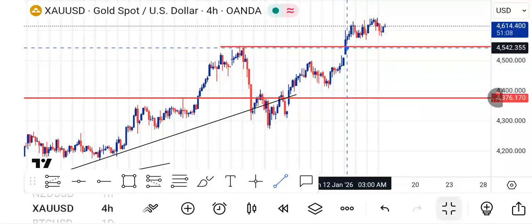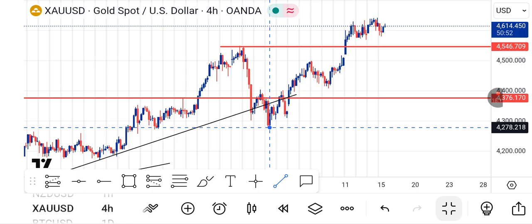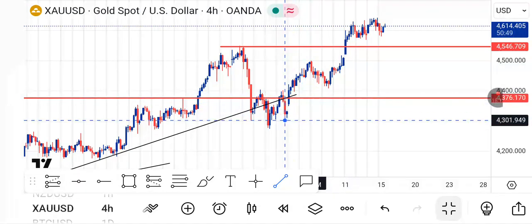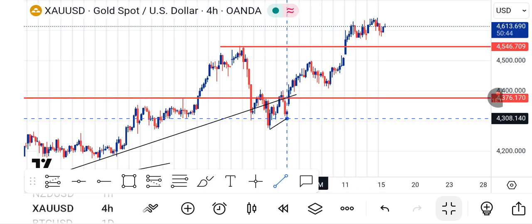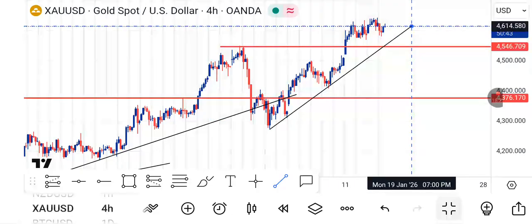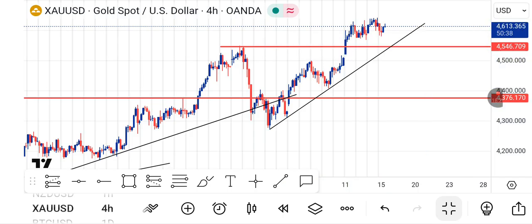When you want to connect a trend line, the market has to move in a slant manner so that you can pinpoint an area in which you can connect your trend line. I can connect it like this, from here to this point here.